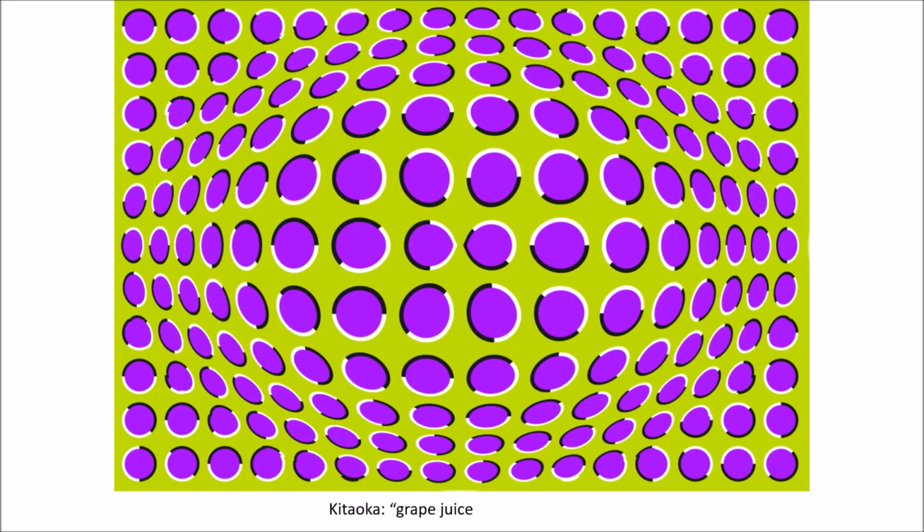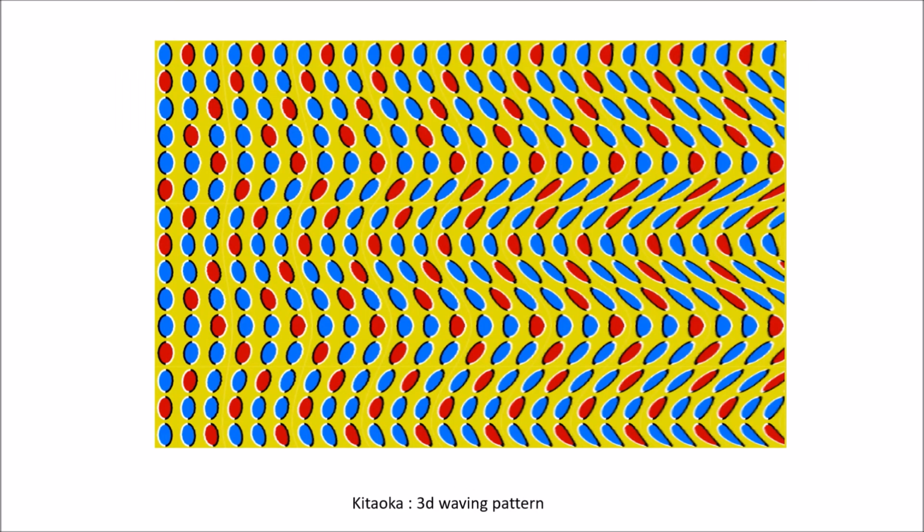The next displays show you some variations based on the same signal principle designed by Kitaoka. Here, strong movement of the different patterns of different size. And here's another pattern by Kitaoka called the 3D waving pattern, exactly for the perception that you have, also based on the same signals.